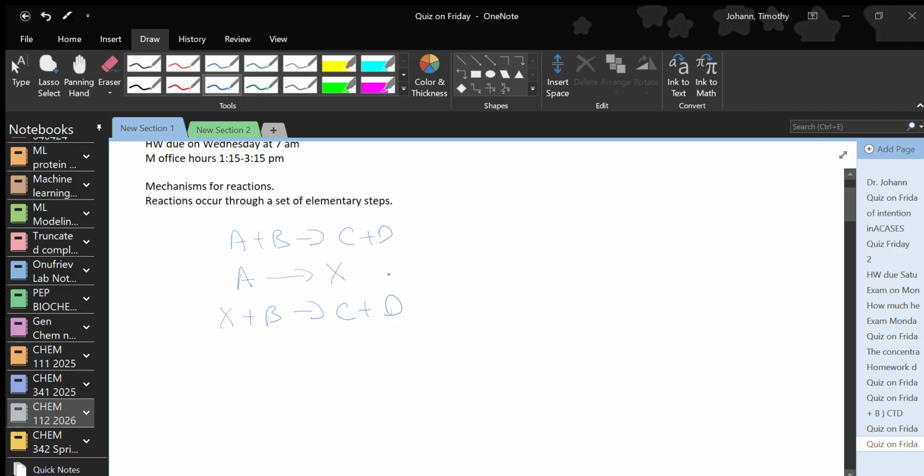And if this is the slow step, so we'll have these various steps. This is the overall reaction, and these are our elementary steps.